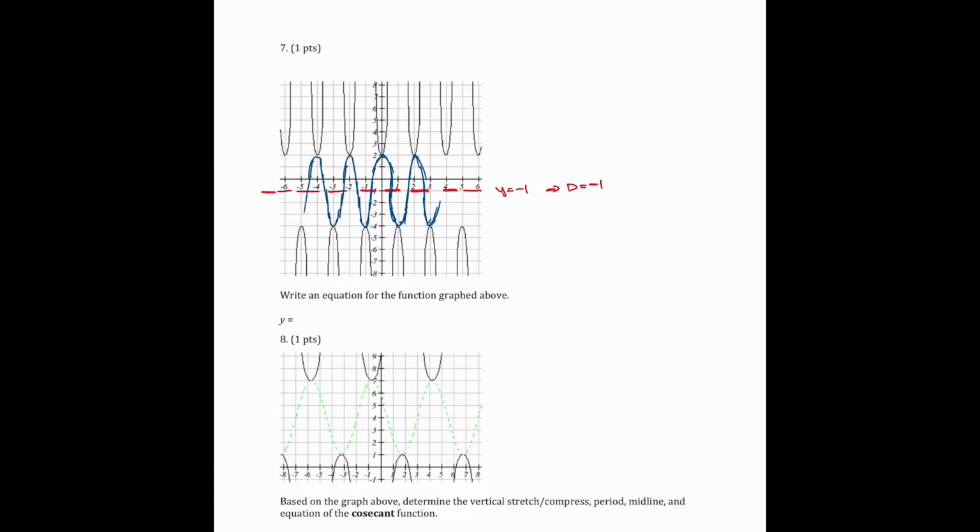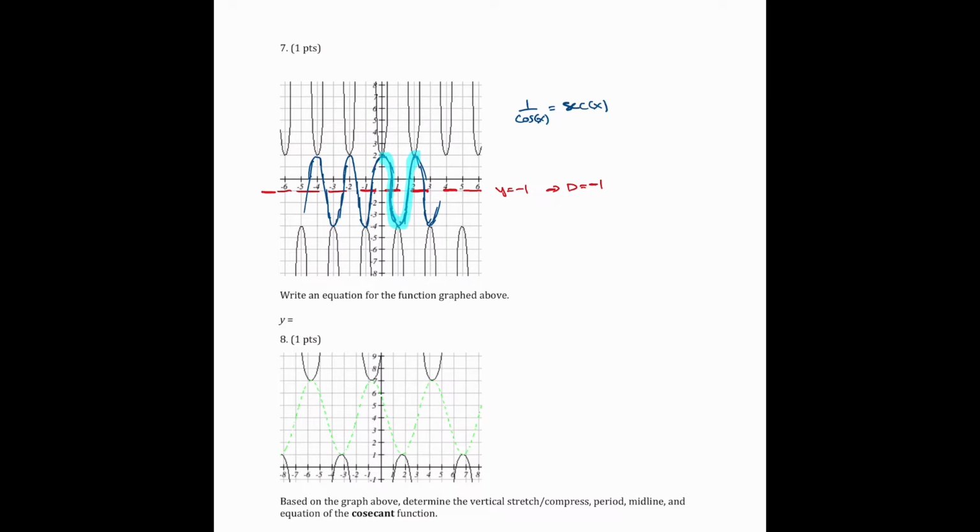By looking at this graph, I can see this is a cosine function, which means the graph of this function belongs to the reciprocal of cosine, which is going to be secant x.